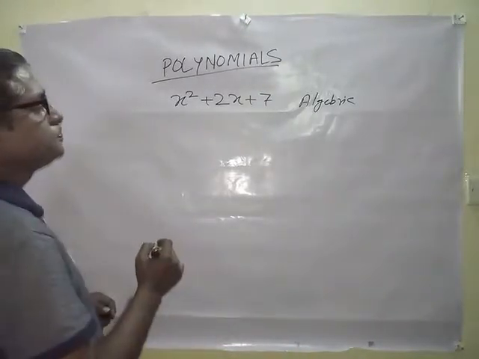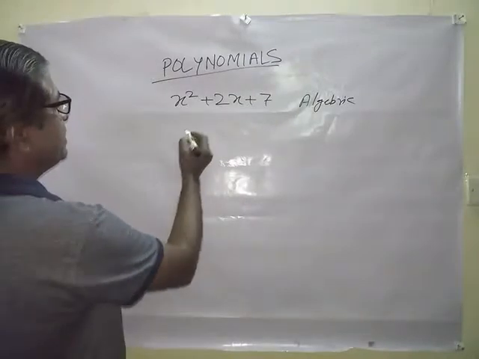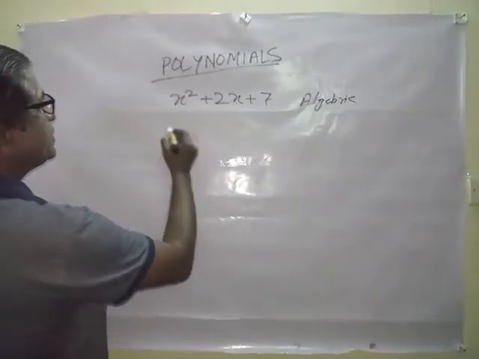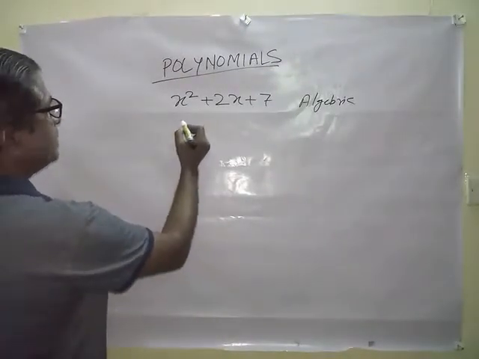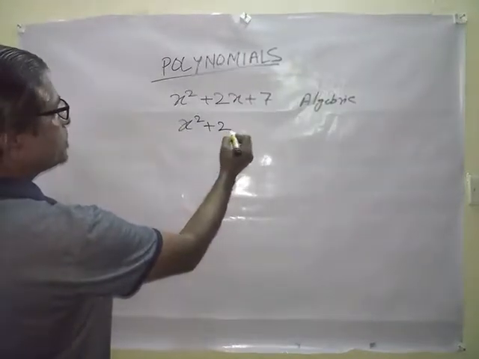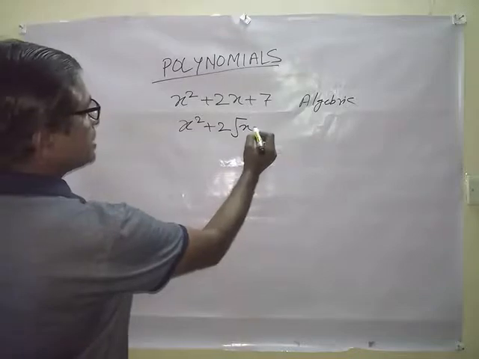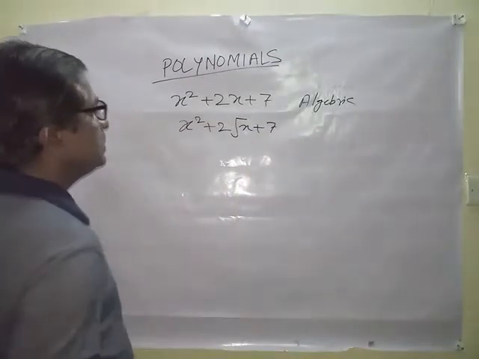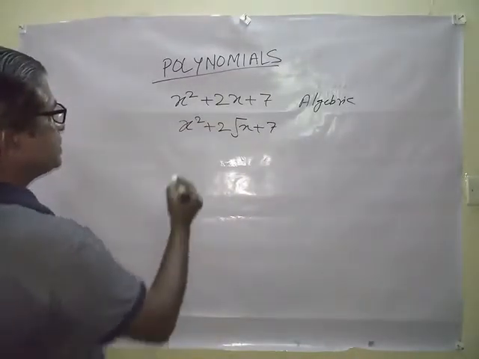Basically, an algebraic equation is a simple equation of three terms. An algebraic equation can be x square plus 2 underscore x plus 7. That is another algebraic equation.